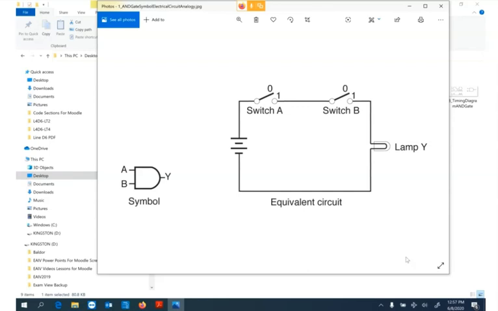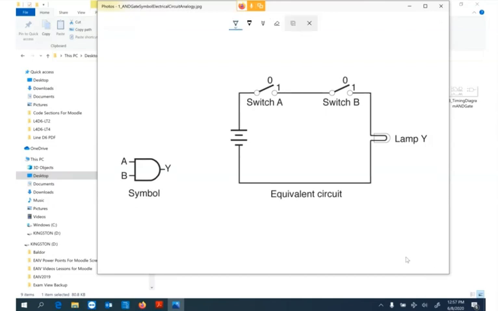So there's our AND symbol again. And once again, it's the equivalent of 2 switches in series. They've just done it a little differently in this case. The Boolean expression, I think I can draw on here. Let's try it.